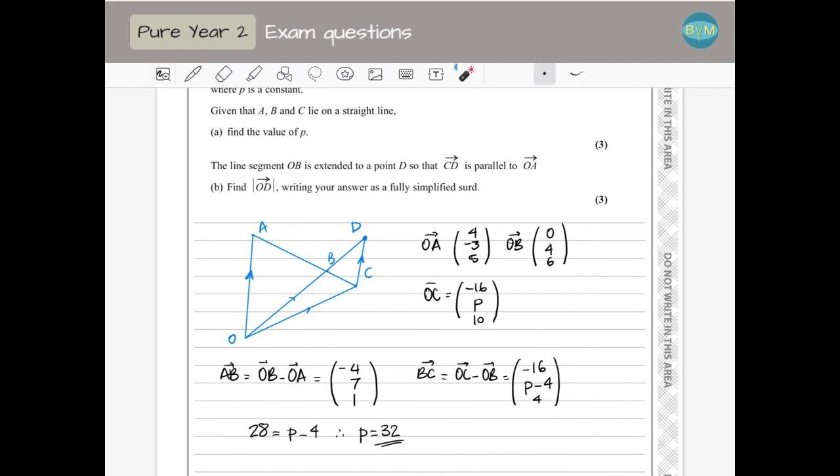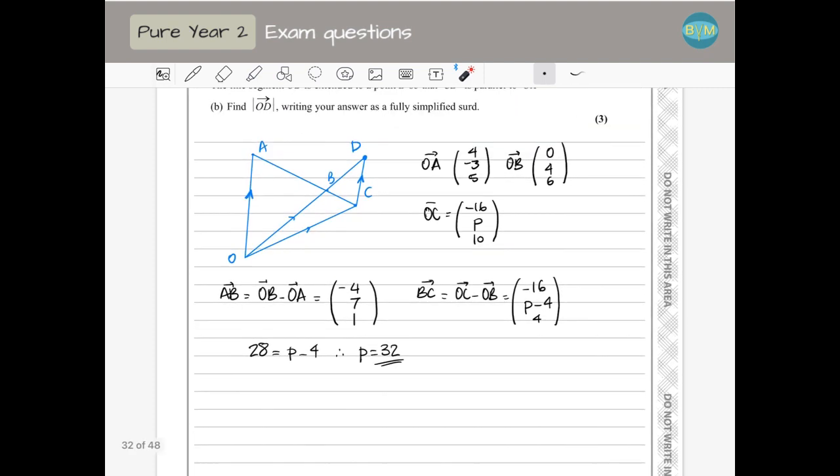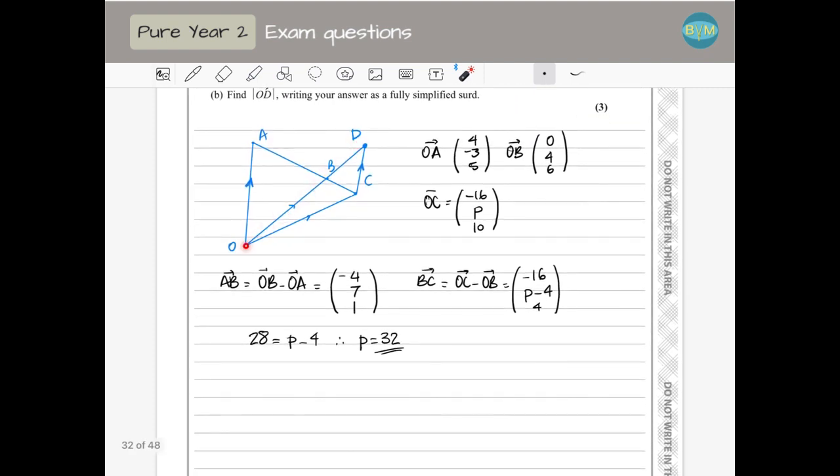Then they ask us to find the magnitude of OD. So we need to find the vector OD. There are a few ways of doing this, but I'm going to use one. OD is going to be parallel to OB, so I can write OD as OB multiplied by a scalar. If I multiply by lambda, I will have a parallel vector: (0, 4 lambda, 6 lambda).